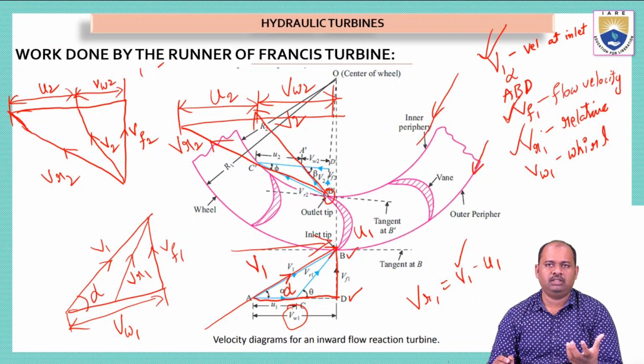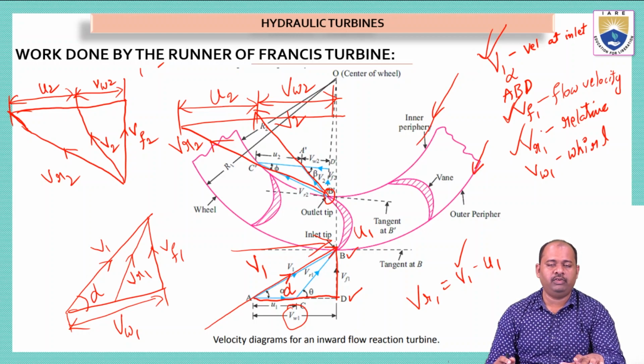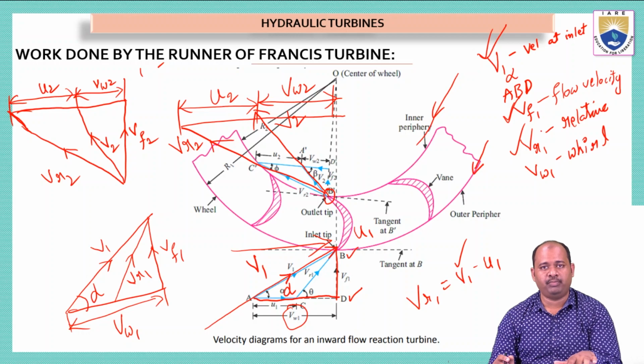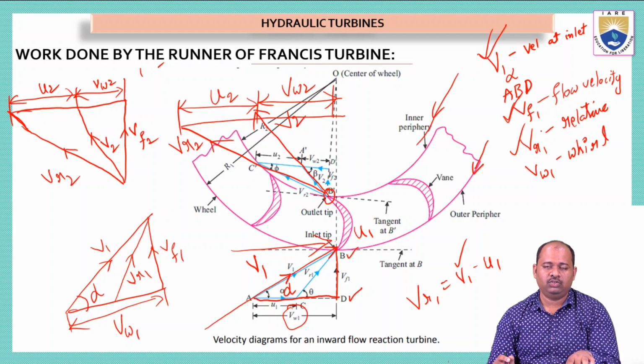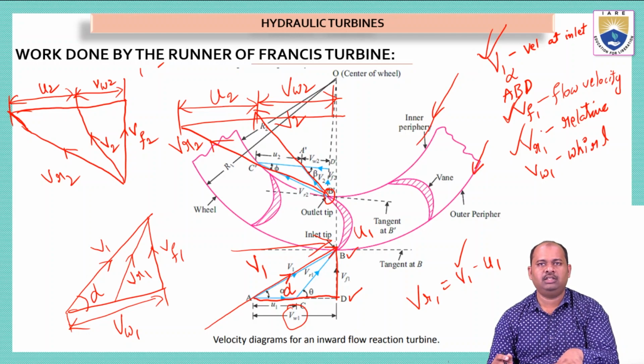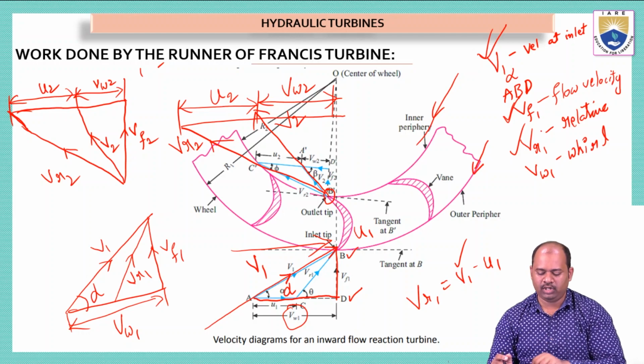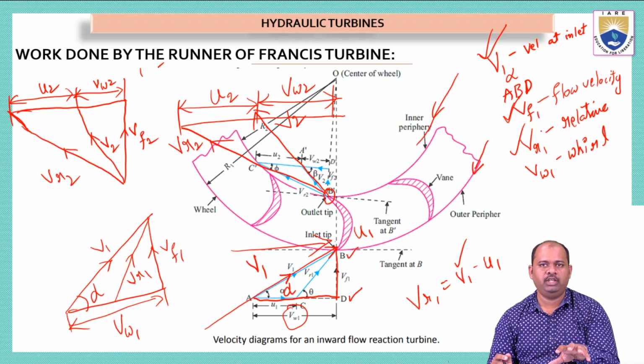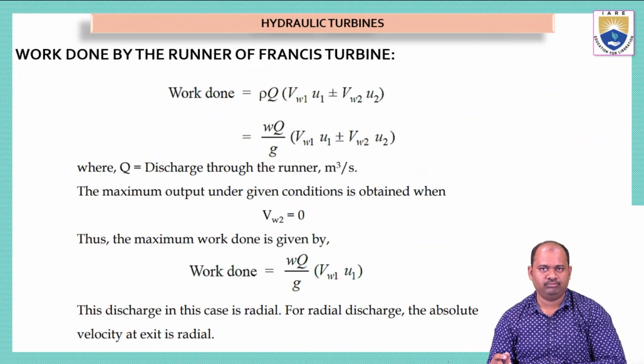Using all this terminology, some formulas, and the properties of the right angle triangle, we can calculate the velocity, the work done, and the efficiency of the hydraulic turbine. This entire thing is the numerical calculation part. We will have to solve many numerical examples on turbine efficiencies and work done.